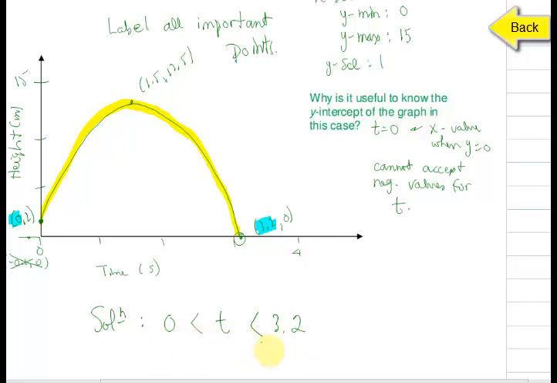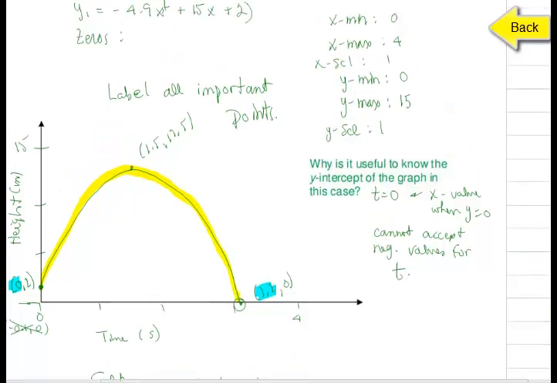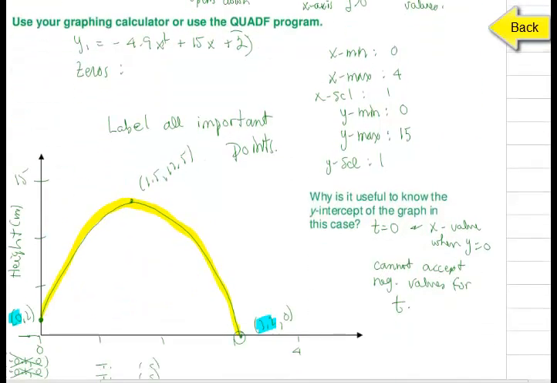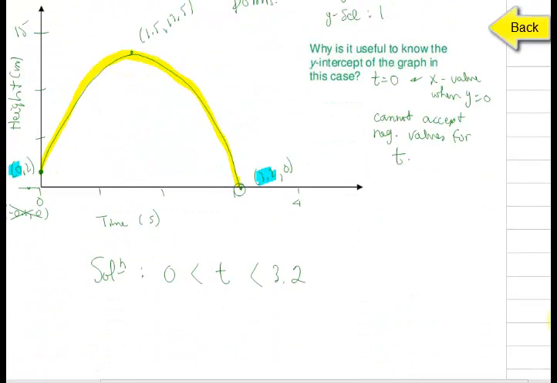And we're not going to include equal to, all right, because if you take a look at your original inequality, it just has greater than and not equal to. All right, so what does this mean? Well, it means that the baseball is in the air from 0 seconds all the way to 3.2 seconds.